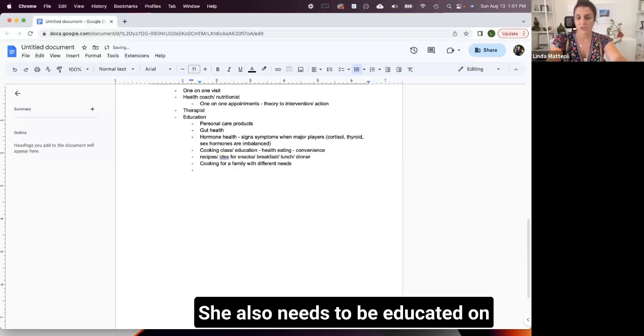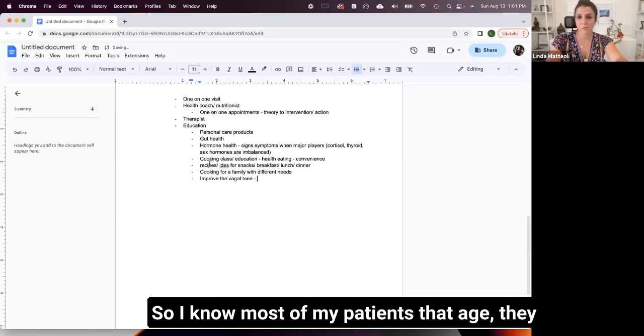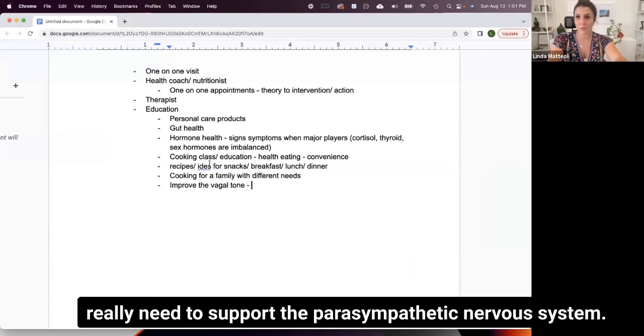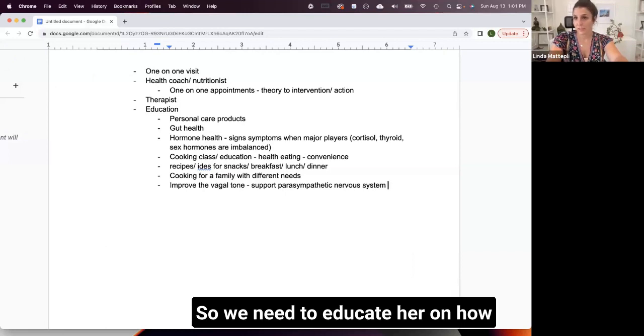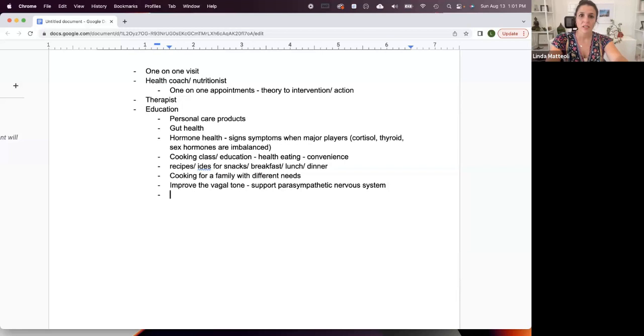She also needs to be educated on how to improve the vagal tone. I know most of my patients that age really need to support the parasympathetic nervous system. So we need to educate her on how to do that and why that's important.